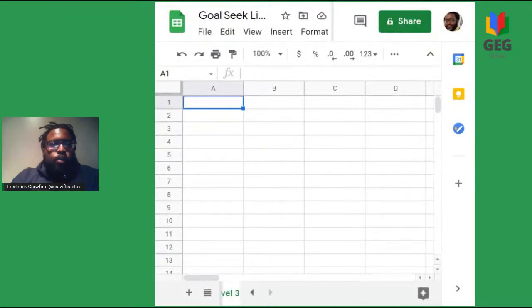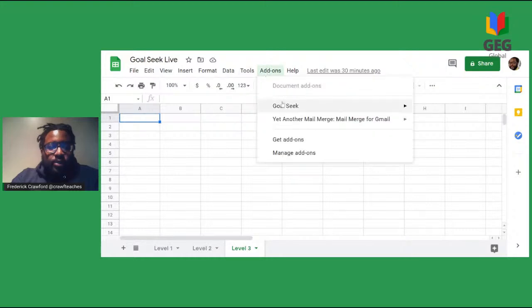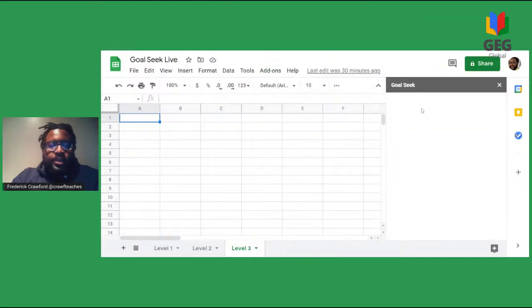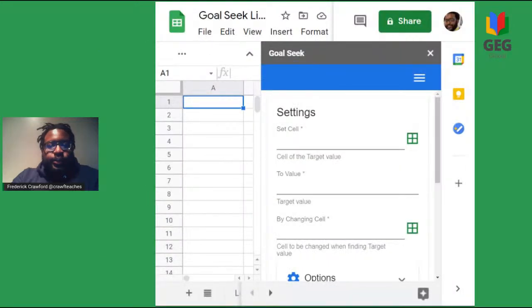When I do a brand new share, I will click on Add-ons, GoalSeek, and then I will open it up. I'm going to have this open for now while I get ready to share. Now back to the presentation.